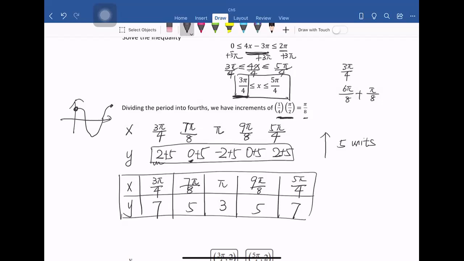So let's graph it. If I have a graph like this, the first point is not starting at 0, it's 3 pi over 4. And it's 7. For example, this is 7, the first point. Well, I'd better have more space. Let's move the graph.